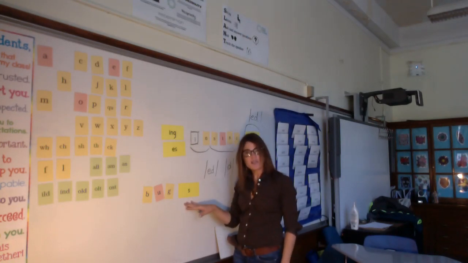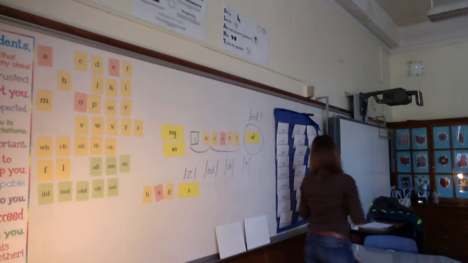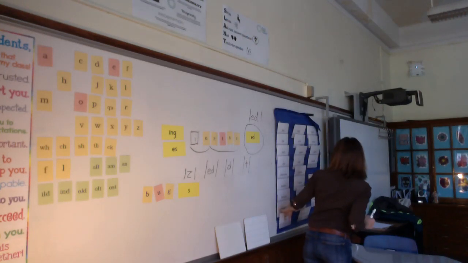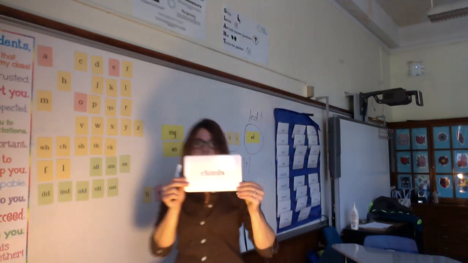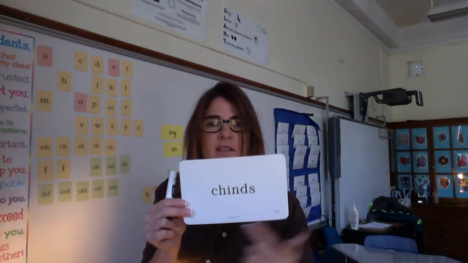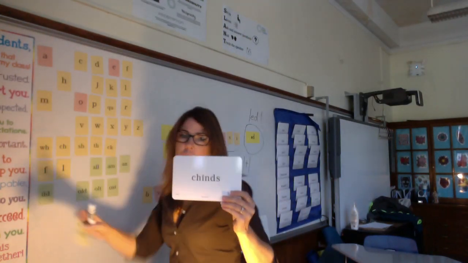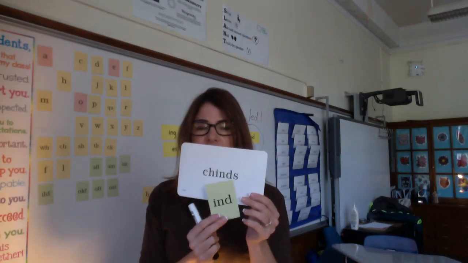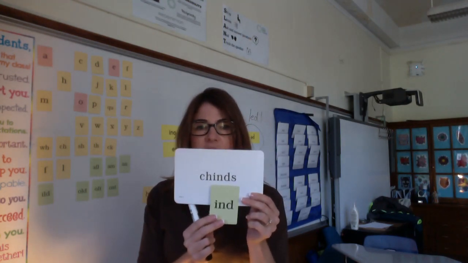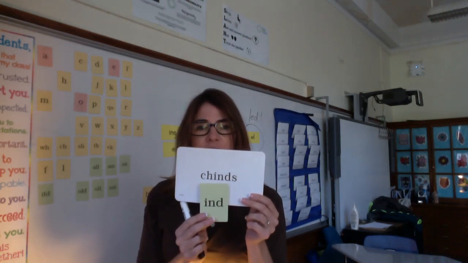So sometimes the S will make a Z sound, and sometimes it just makes an S sound, like this word right here, which is chinds, C-H-I-N-D-S. The IND is a closed syllable exception. So I'm saying ind rather than chins. I'm saying chinds. And chind would be the base word, and the S would be the suffix.